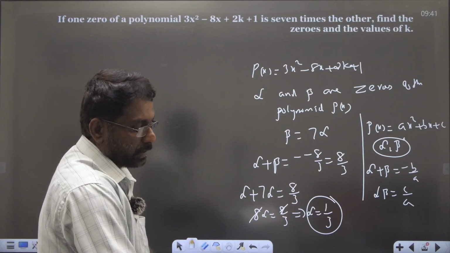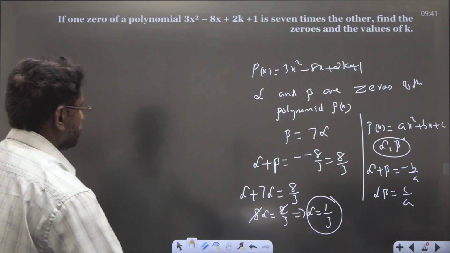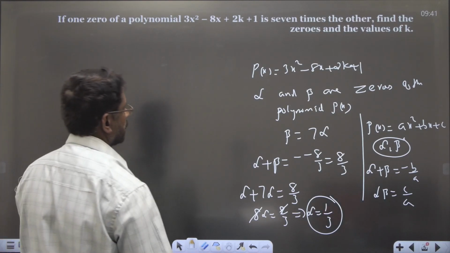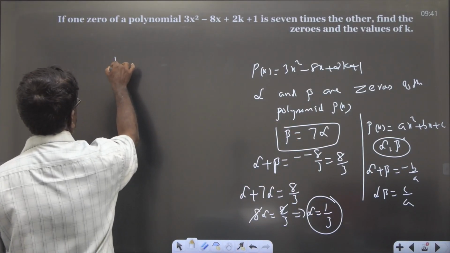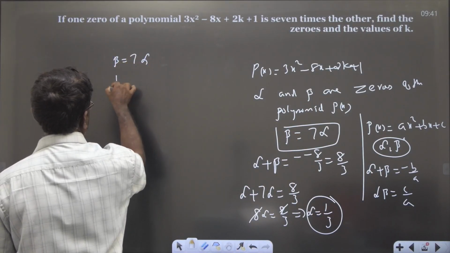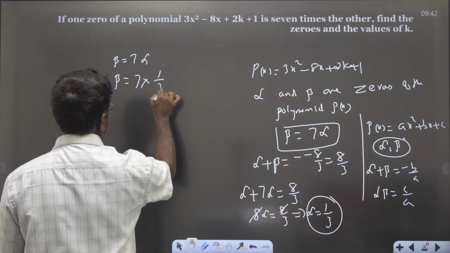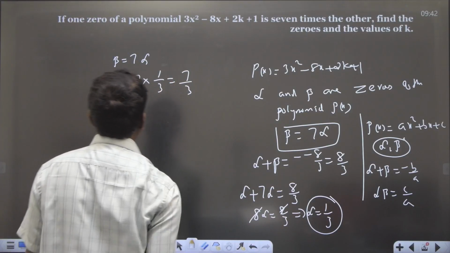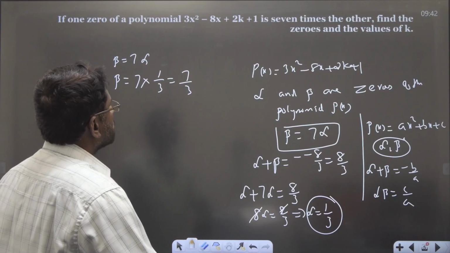Okay. And then what will be beta? Alpha is 1 by 3. Use this equation for the second root. Beta is equal to 7 alpha. Beta equal to 7 into alpha. What is alpha? 1 by 3. That is 7 by 3. So these are the zeros.